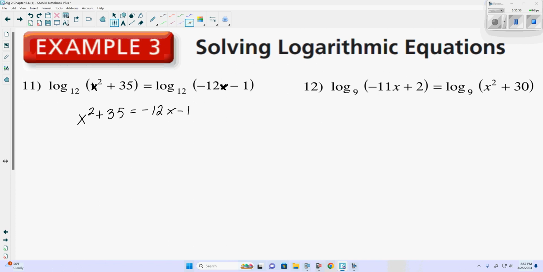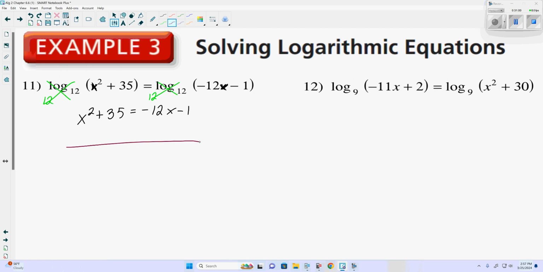Because if we want to do like we did for e, I could put both sides to the base of 12, because 12 to the log base 12 would cancel. So that simplifies out, telling us that x squared plus 35 is equal to negative 12x minus 1.